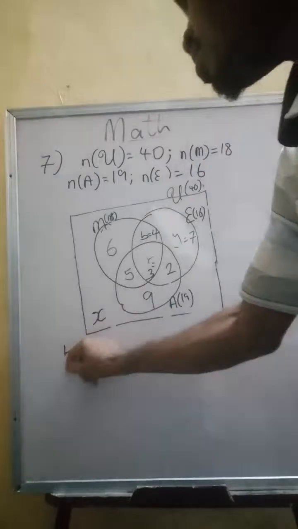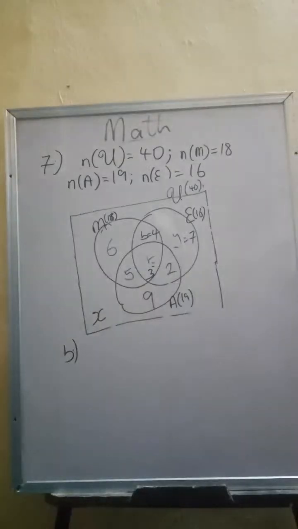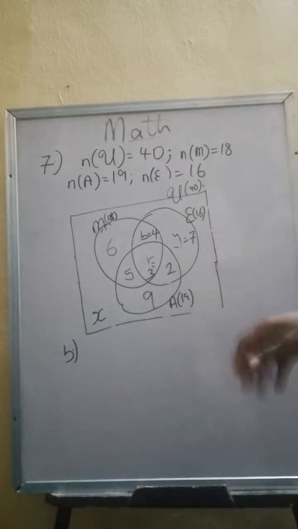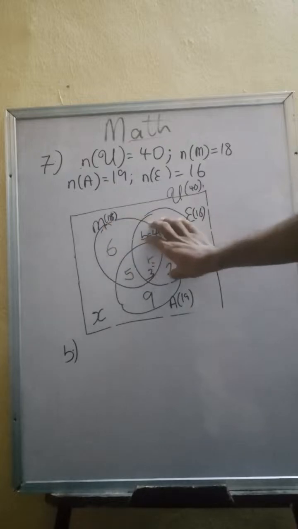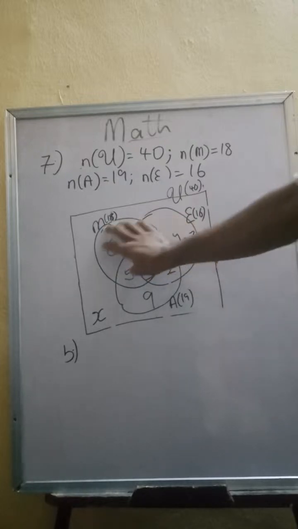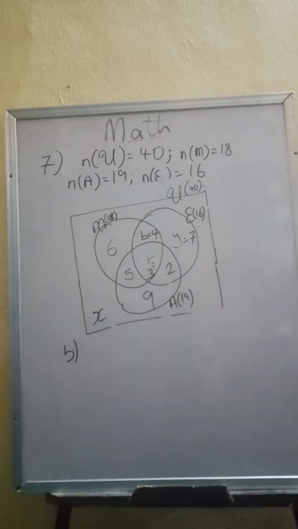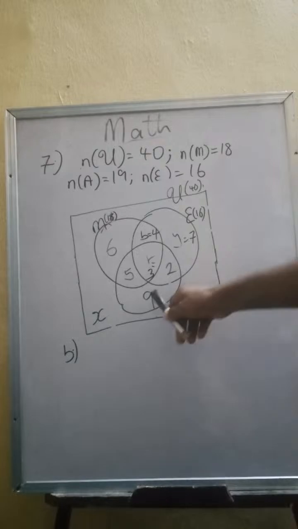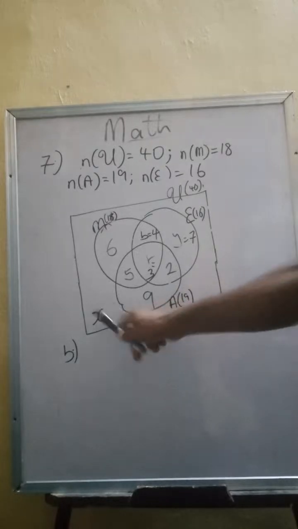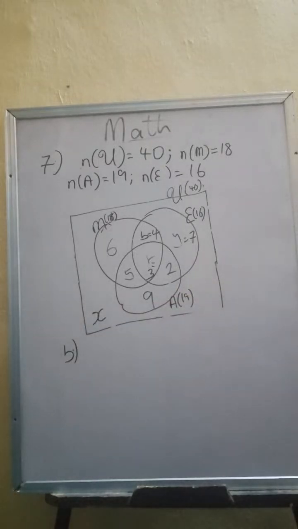So B, the percentage who failed in at least one of economics and maths. If you observe these two circles, they have the values for maths and economics. We're looking for those who failed in one or both of them. And here's how we do it. You're taking 9 and you have your x.